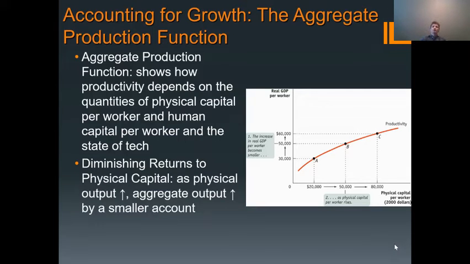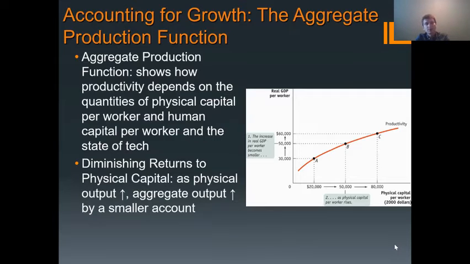Now, accounting for that growth, we can go back to your production function, which I know we don't touch on too often. Your production function shows that your productivity depends on the quantities of your physical capital per worker and your human capital per worker and the state of your technology. And you do have diminishing returns to physical capital.